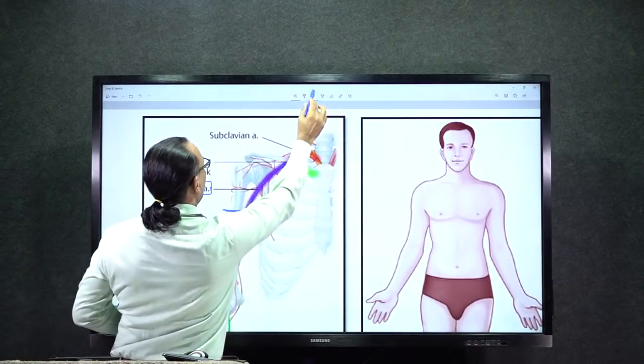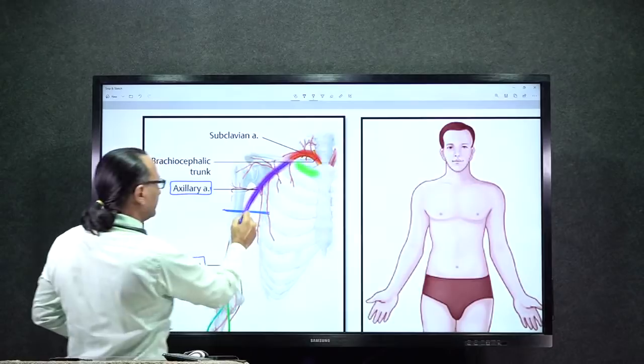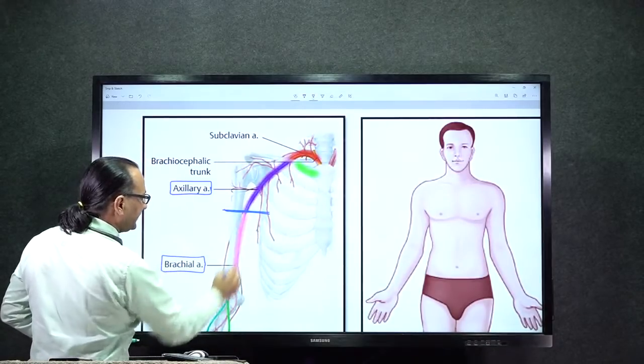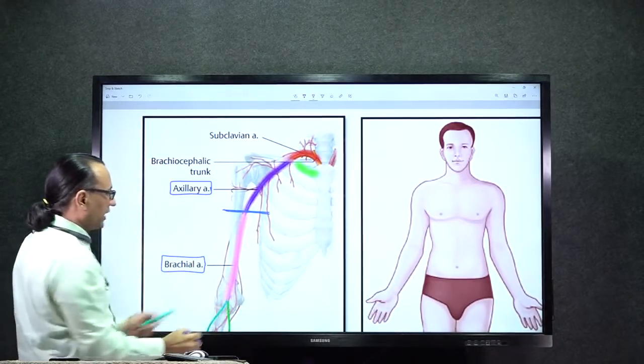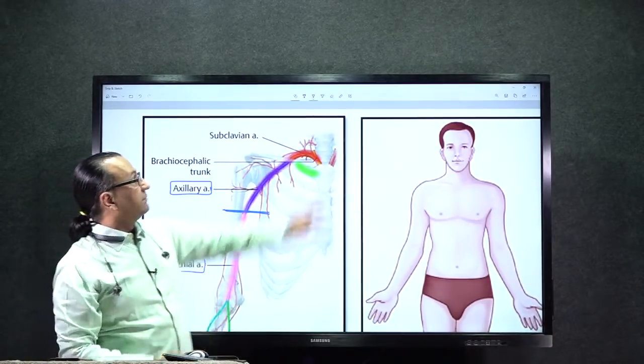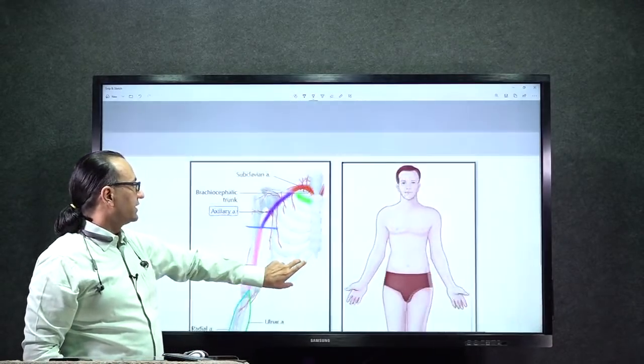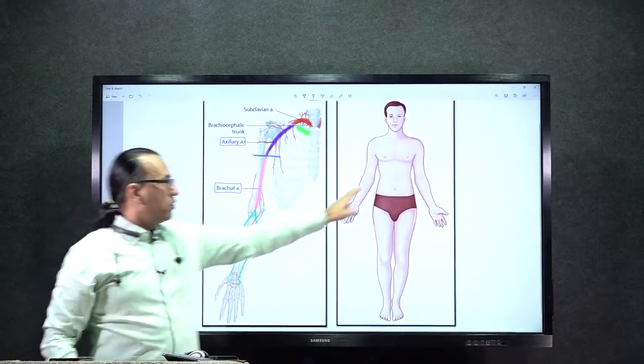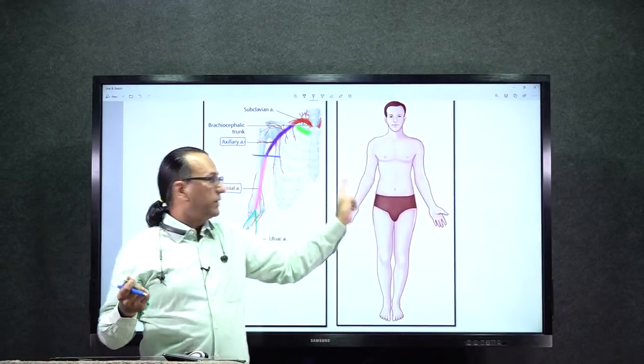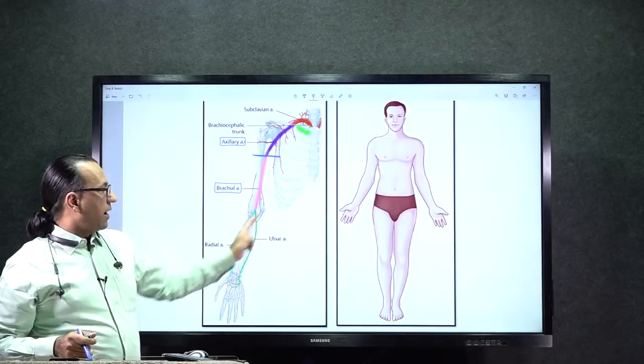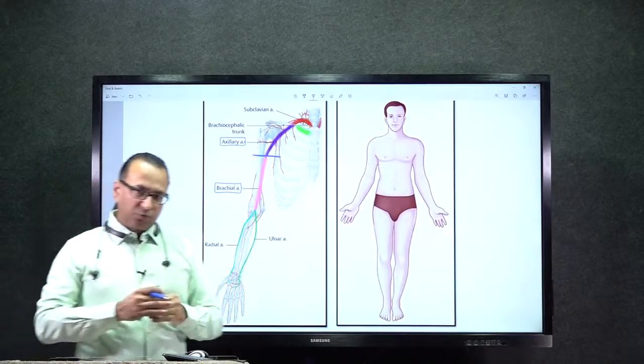Now let us continue with the brachial artery, and it will be becoming a content of the cubital fossa. Let me take you towards the cubital fossa, which is in front of the elbow joint. This is right-sided elbow joint, so it will be the cubital fossa here. Then it will give two branches.